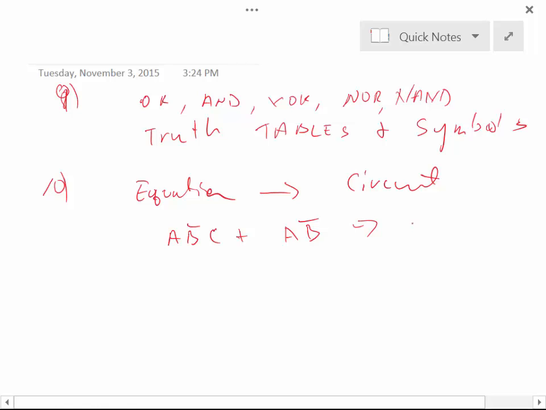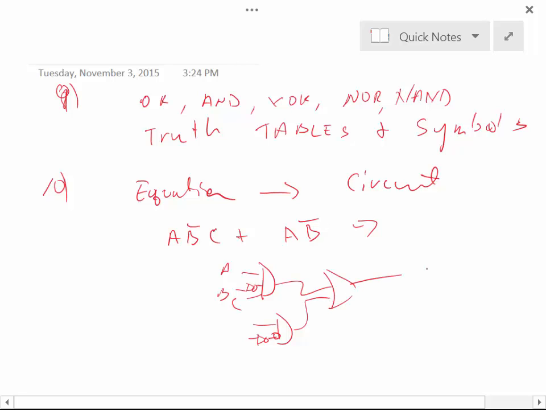I'm just going to say, give me the circuit, which would look like this. A, B, C, and then A. And actually, you can cheat and just put the bubble here if you want. You don't have to show the inverter.